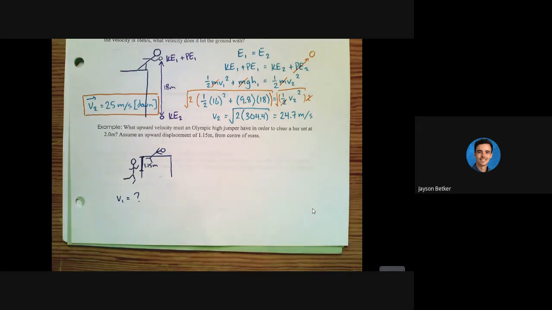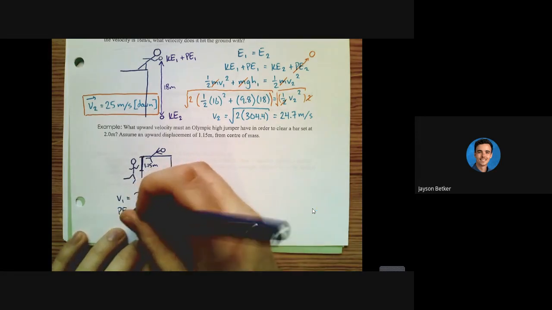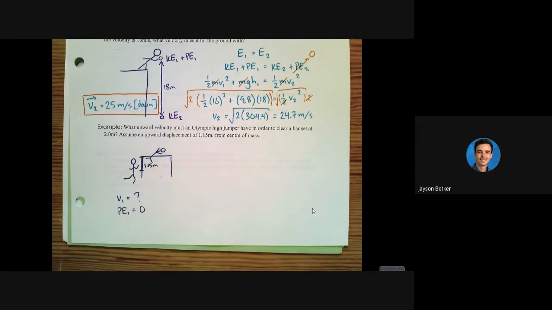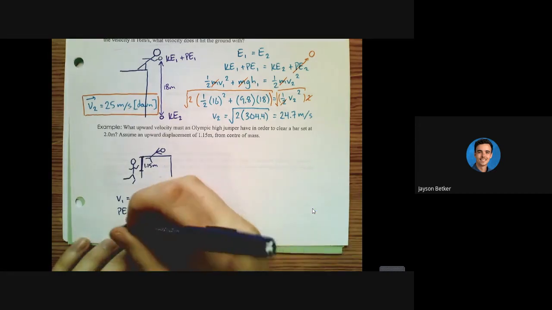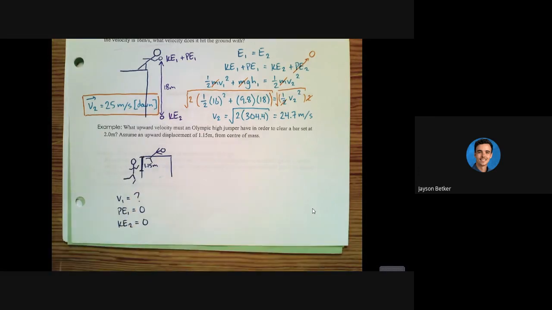Initially, because we're jumping from the ground, that potential energy, PE1, is going to be equal to 0. When that jumper is at their peak height, what's their velocity going to be in the y direction? 0. So that kinetic energy in the final position is also going to be 0.